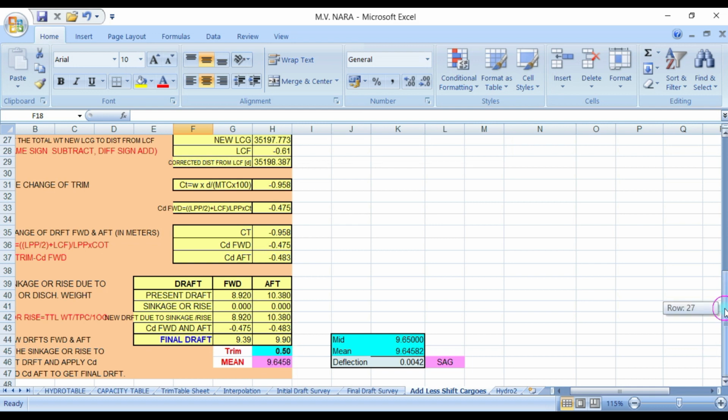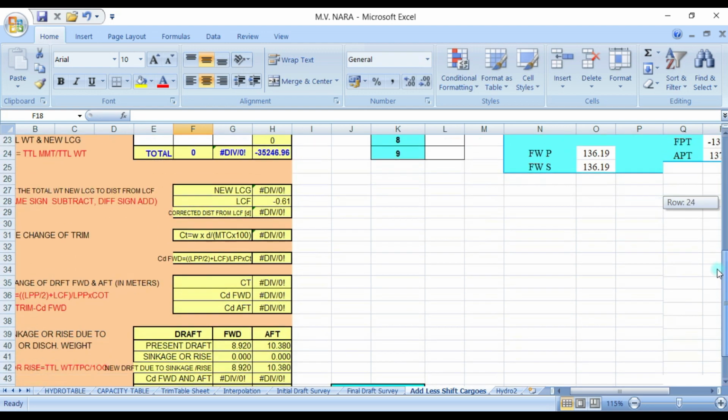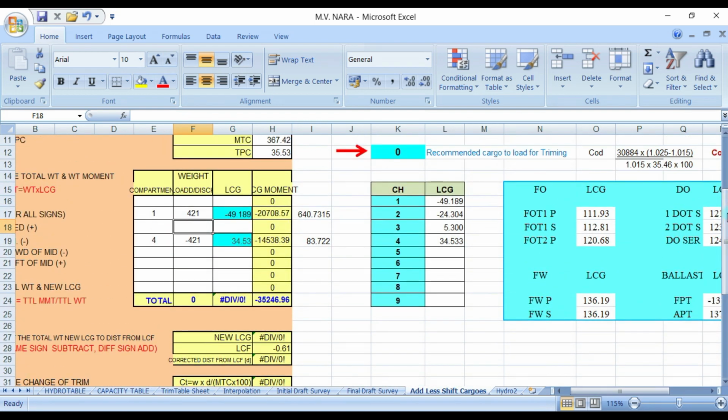But if you put here the same figure of 421, the program will not read the numbers. So in this Excel, I think it's best that you put 420.